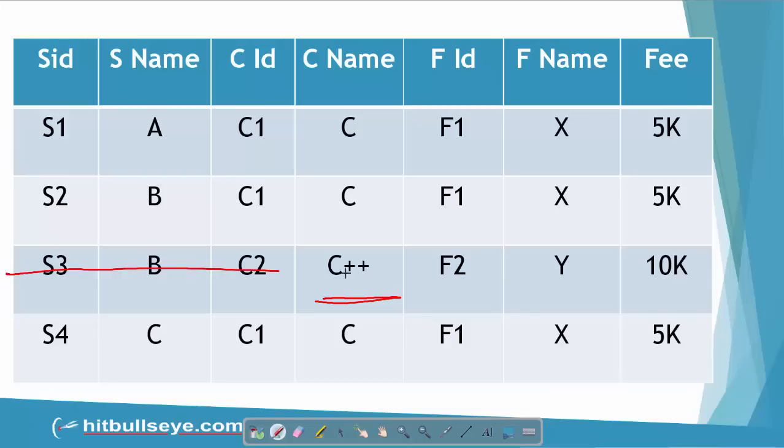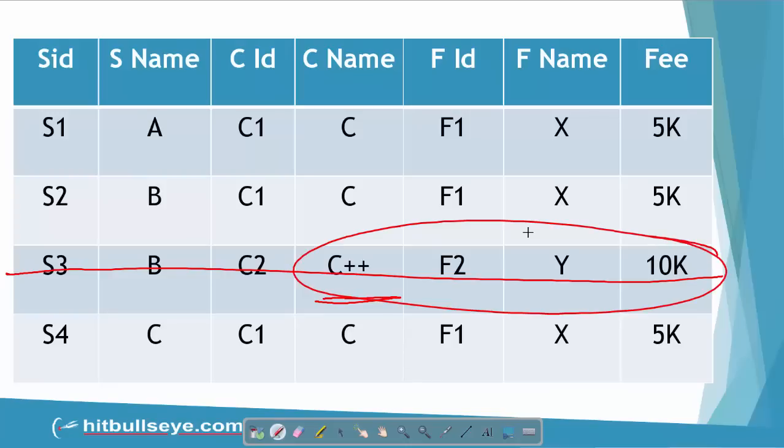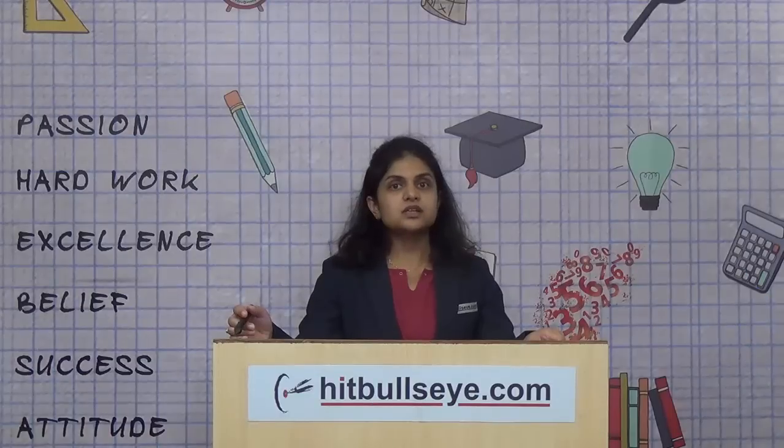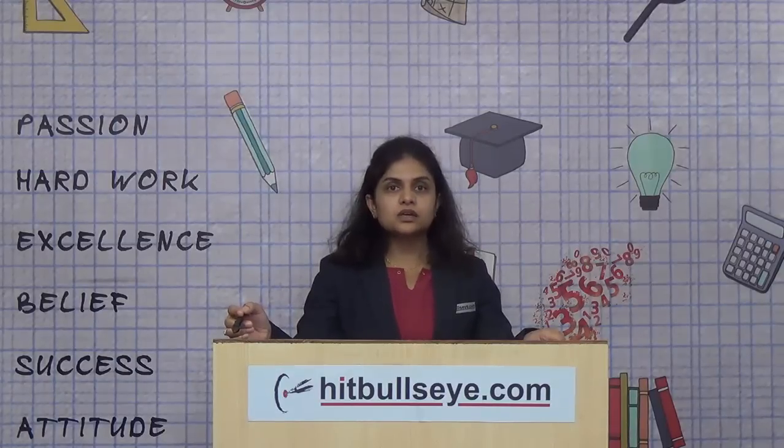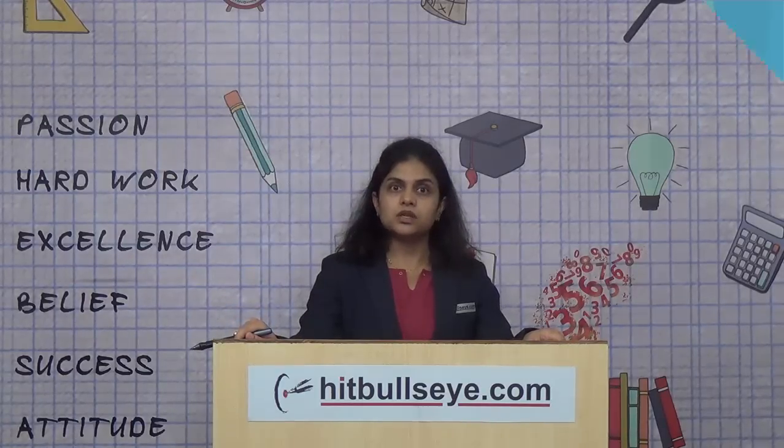I will be deleting this student from my database, which will result in losing the information of this particular course. So this is a deletion anomaly where I am forcefully losing a certain amount of data which I do not want to lose.